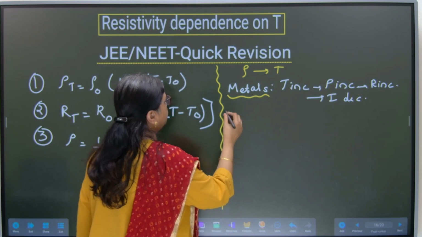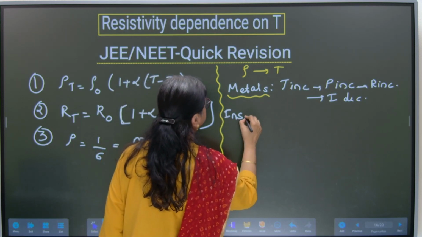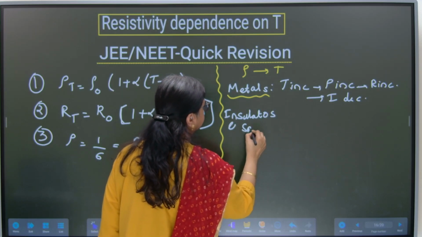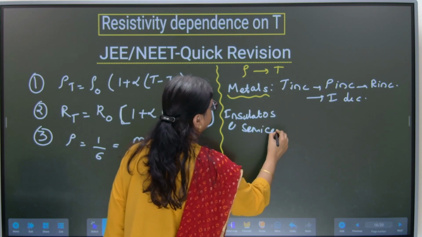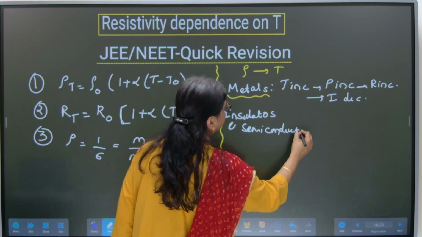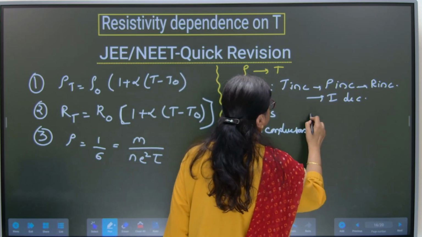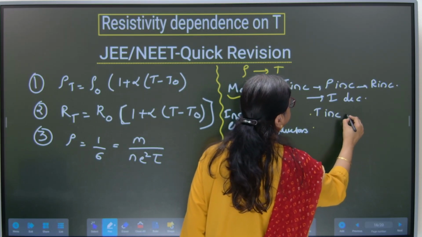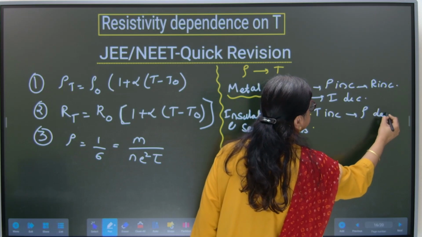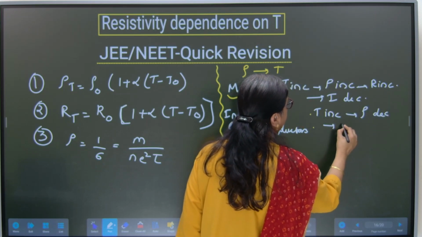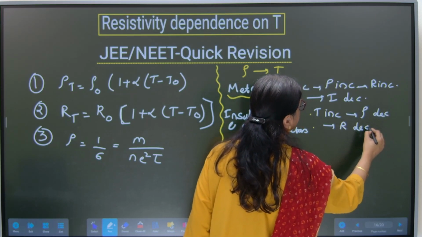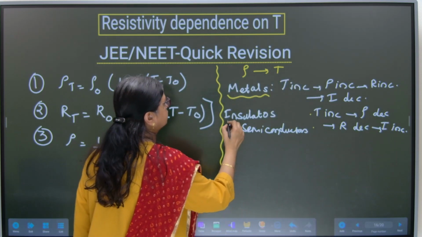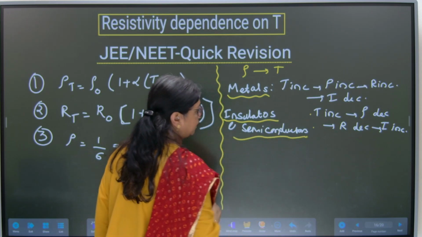Fine. Then for insulators and semiconductors, as temperature increases, rho decreases. So R decreases. So current increases. Fine. This is for insulators and semiconductors.